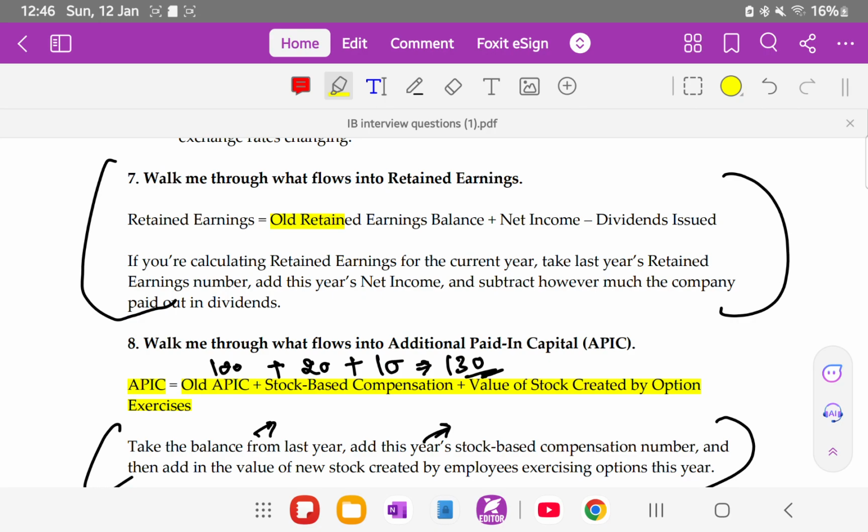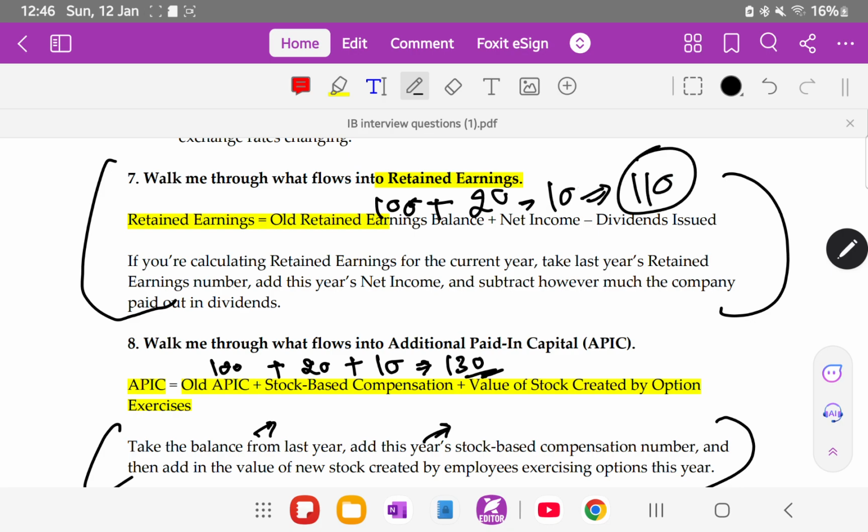If you calculate the retained earnings for the current year, you take last year's retained earnings number, add this year's net income, then subtract the company's paid out dividend. So this will go hand in hand with the other flows as well. Let's say you have 100 rupees as the retained earnings balance right now, and we add 20 rupees of net income, and dividend issued is 10 rupees.